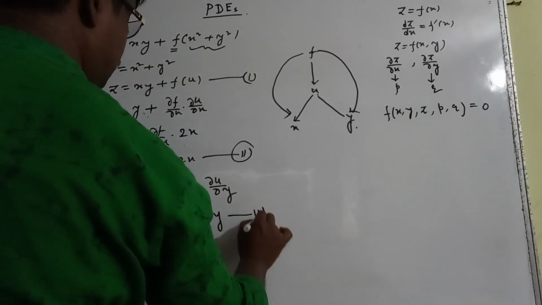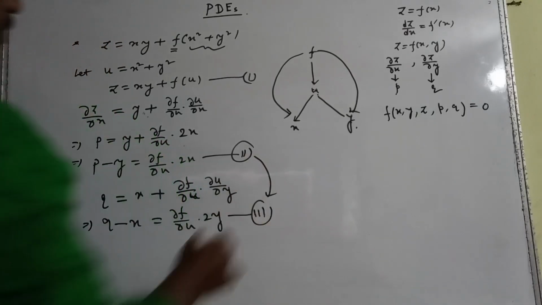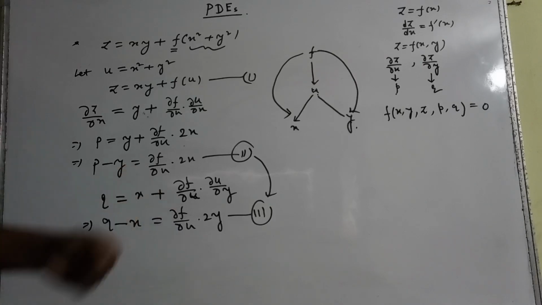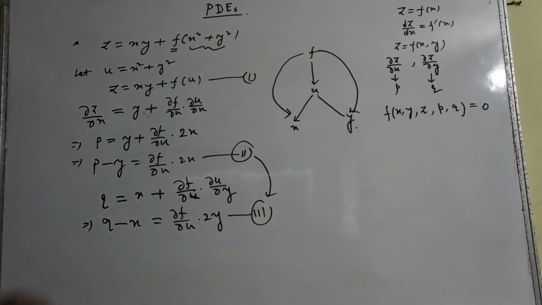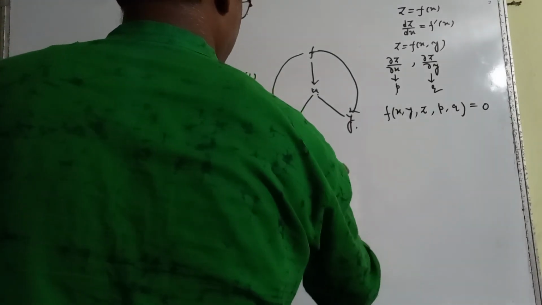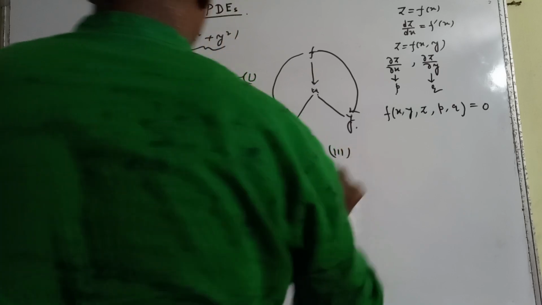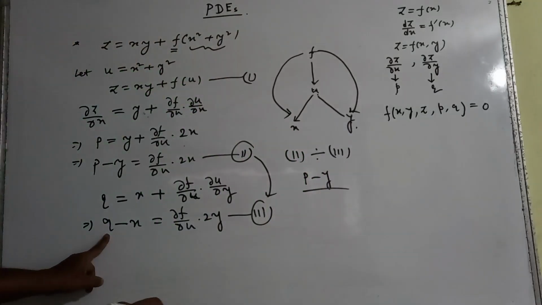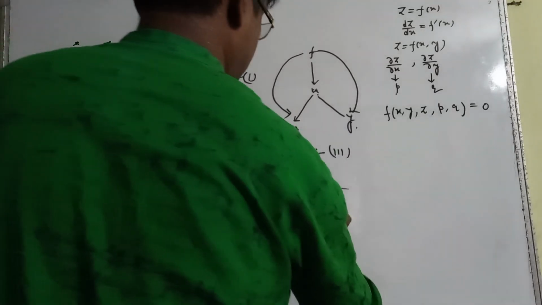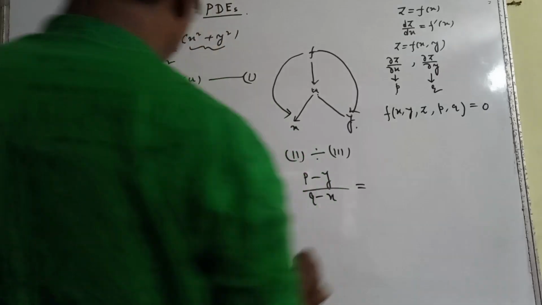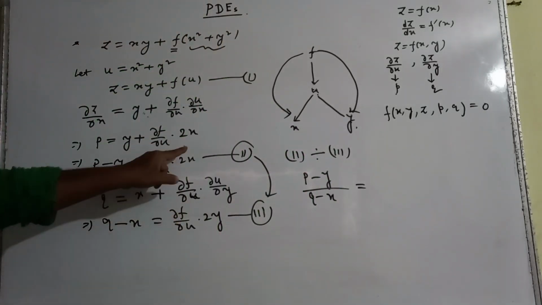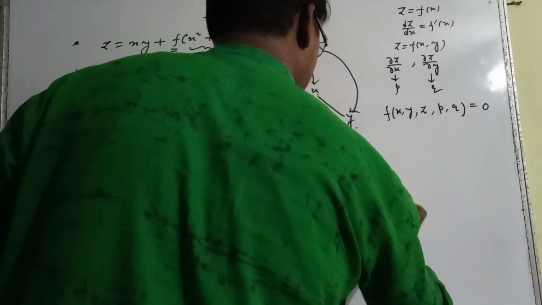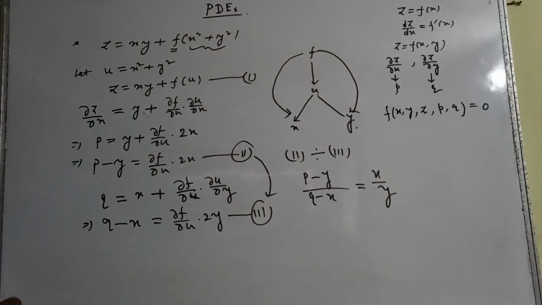This is number 3. Now we divide 2 by 3, then del f del u cancels and the arbitrary function is eliminated. Dividing 2 by 3, p minus y divided by q minus x equals 2x by 2y; 2 cancels, giving x by y.